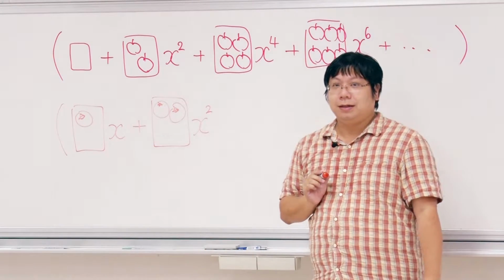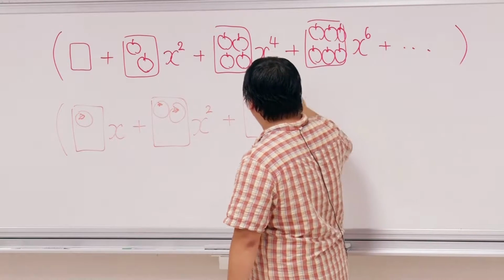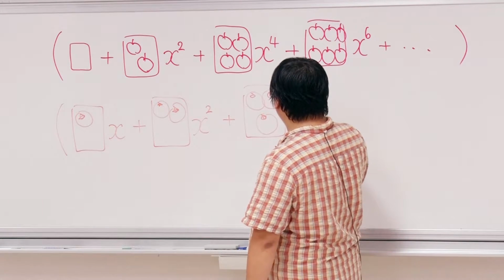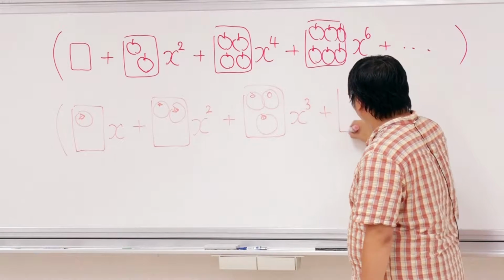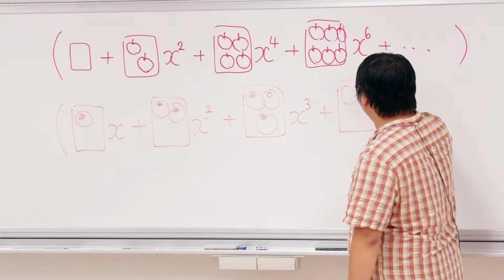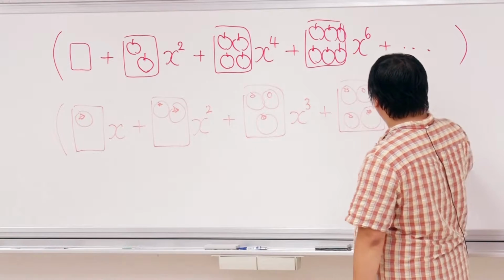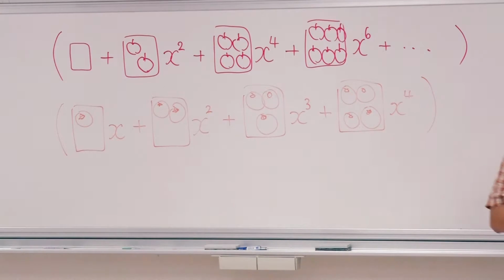And in case of 3 oranges, I'm going to multiply this with x to the power 3. And for the case where we have 4 oranges, I'm going to multiply this with x to the power 4. Is that okay? So far so good, right?